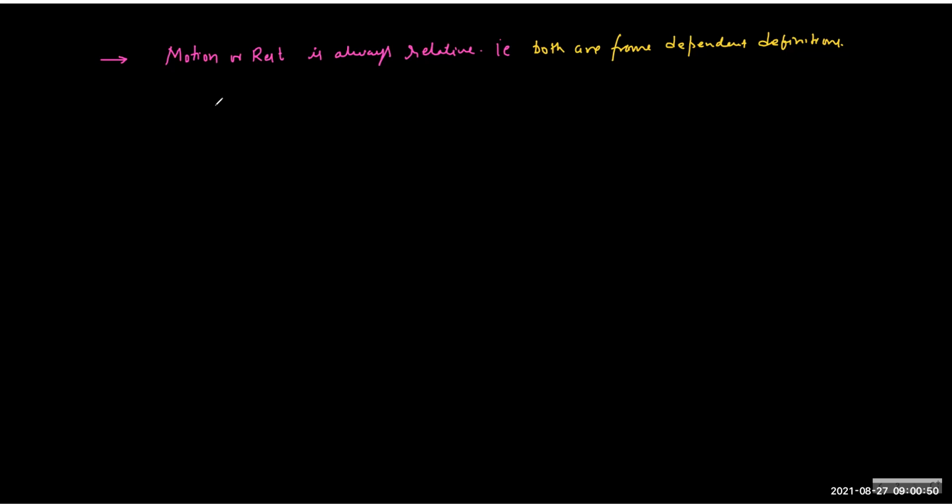So that is the idea. Motion and rest is always a relative idea. There is no absolute meaning to it. Now we'll see the kinematical equation in the relative context.